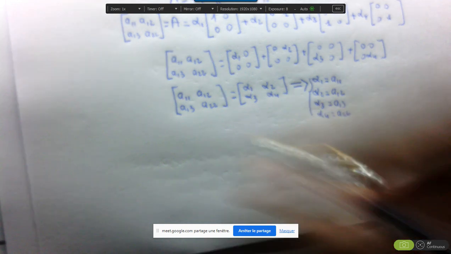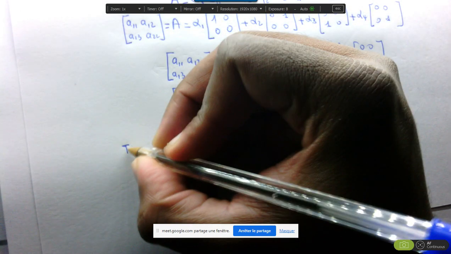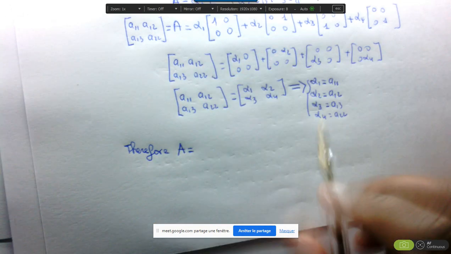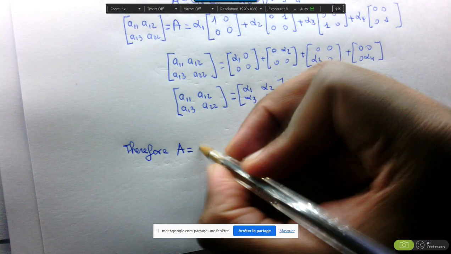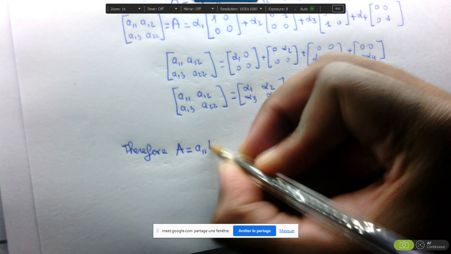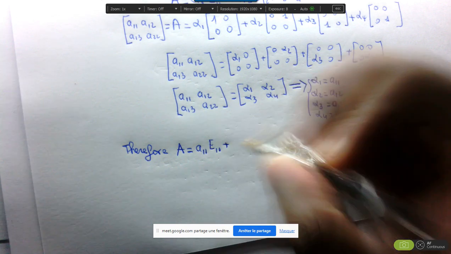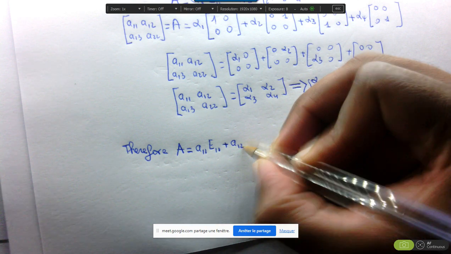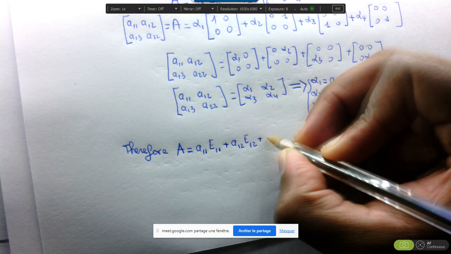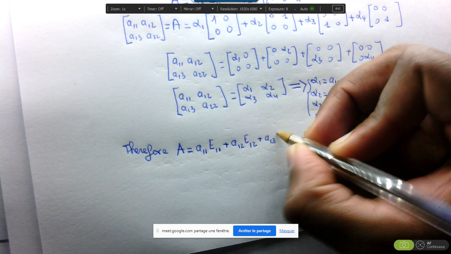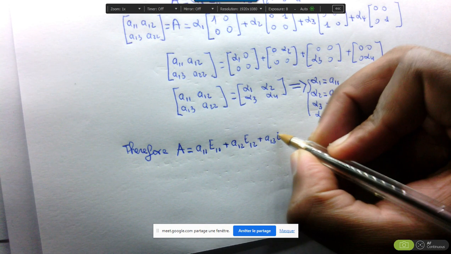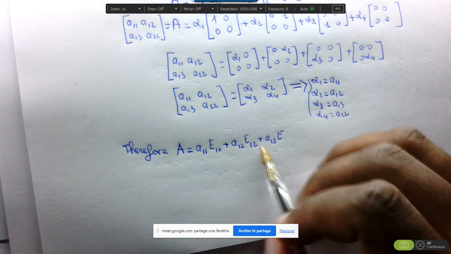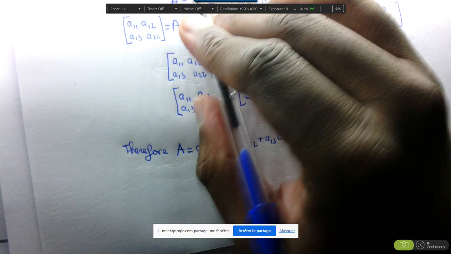So that means that, therefore, A is equal to A11 E11 plus A12 E12 plus A13 E2. Let me see, there is no A13 here. That is a mistake, as there is no A13 here.